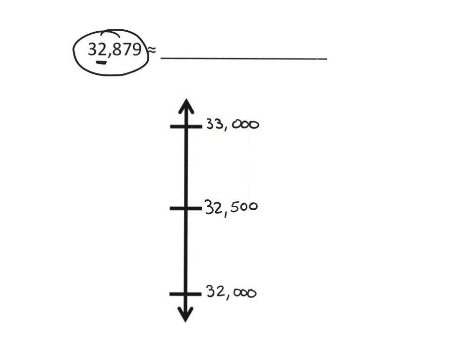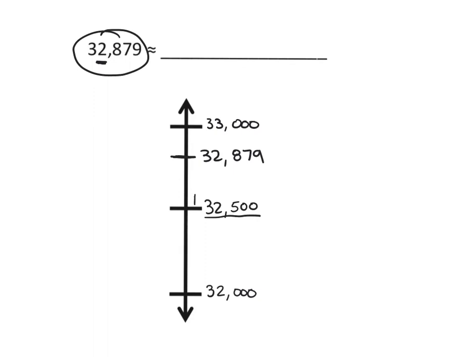I think 32,879 is going to fall approximately right here. I know this because it is definitely more than the 32,500 in the middle, and it's pretty close to 33,000. So I write this number on the number line here.